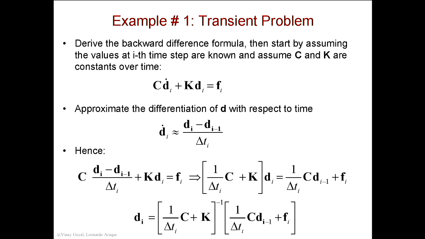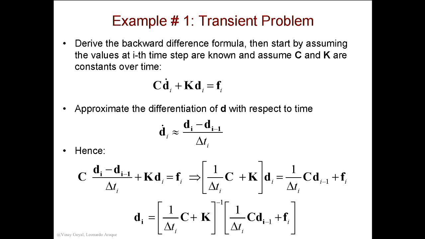Okay. Now, this looks complicated, but it's just algebra. I just had to work through the math to get it done. I don't think you should be worried. You know, this F_i is that one right there. This D_i was factored out. That's why you see 1 over delta t_i, C plus K. And then you have this C times minus D_{i-1} over delta t_i.